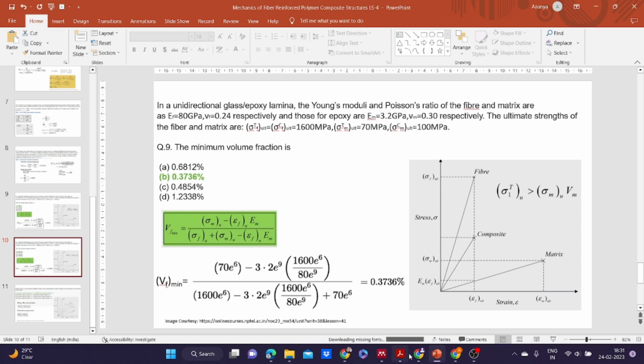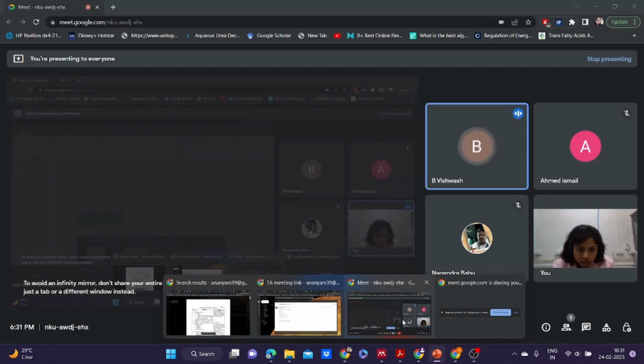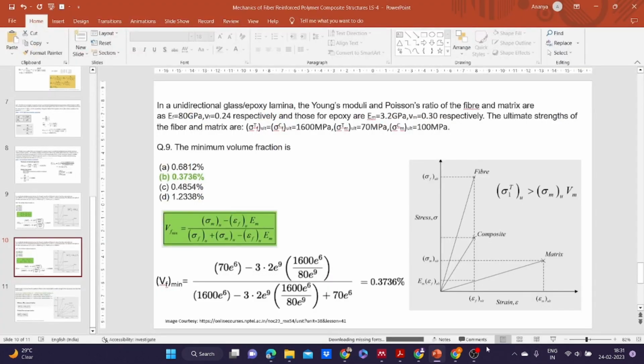Okay, hello, Vishwas. Yes, ma'am. I just solved this. Okay, you will get this value as a fraction, then you have to multiply it with 100 and give the percentage. Because when I solved it, I got 0.003736. Yes, ma'am. Okay. So now we'll change it to percentage. In assignment 5, there are two questions of the same kind.